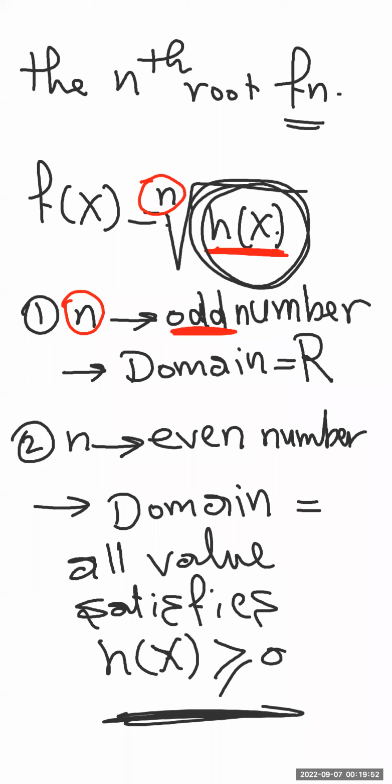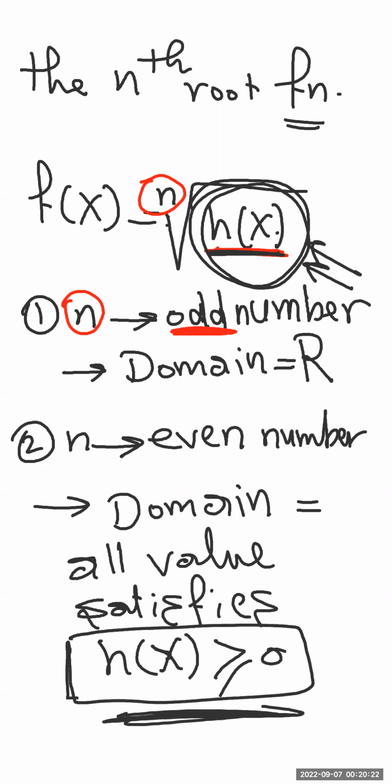Because this one is a square root and this value must be positive. Otherwise, if it's negative, there is no real number as a root for a negative number, correct? So the function under the square root must be a non-negative number, so all values satisfy h of x greater than or equal to 0.